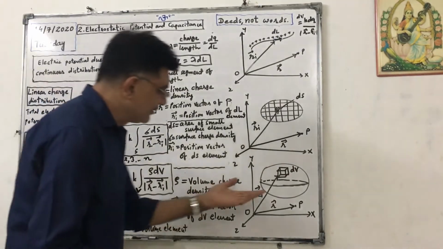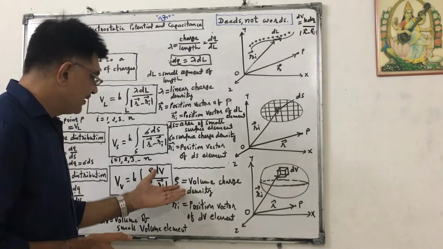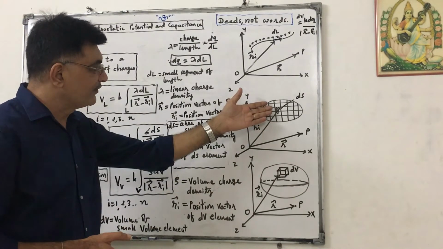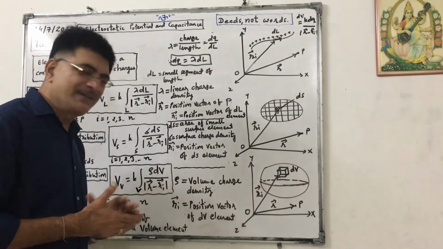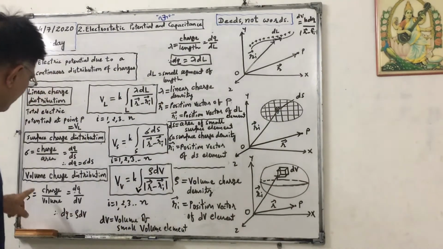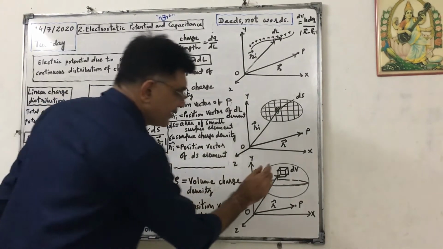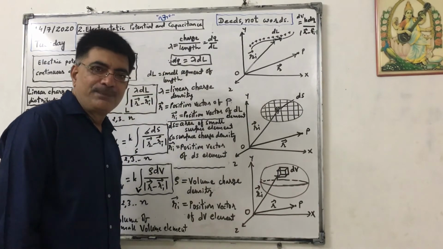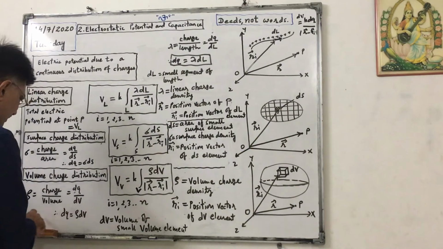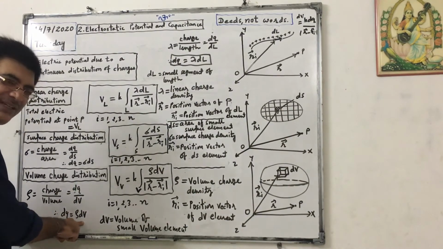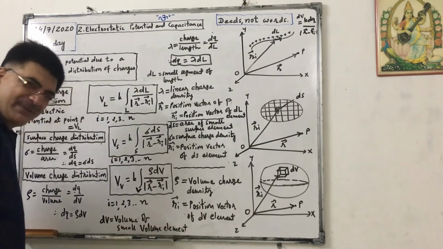Similarly, here we have to consider volume charge density, and we know that volume charge density, rho, equals charge upon volume. Suppose charge inside this small element of volume is dq, then rho equals dq by dv, so dq will be equal to rho dv, where dv is the volume of the small volume element.